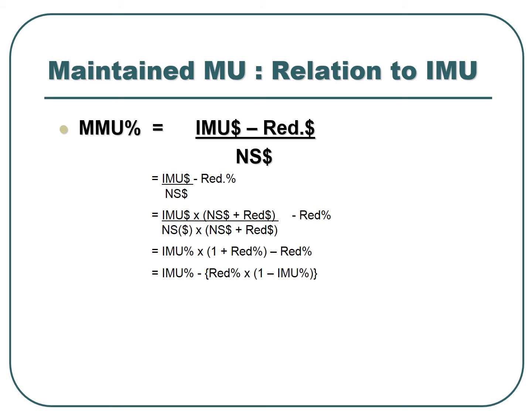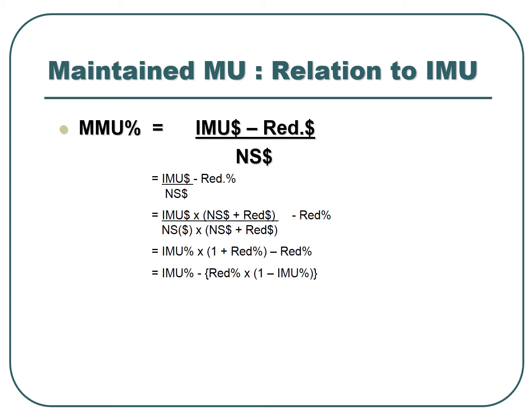Now here's another way to look at the relationship between the MMU and IMU. Sometimes we know the initial markup percent, IMU percent, that we planned, and we may know the reductions percent that we anticipate. Then based on that, we may be able to project what MMU percent will be achieved at the end of the season if we apply this IMU percent and this much reduction percent is actually achieved.